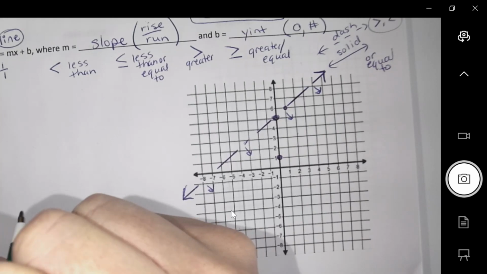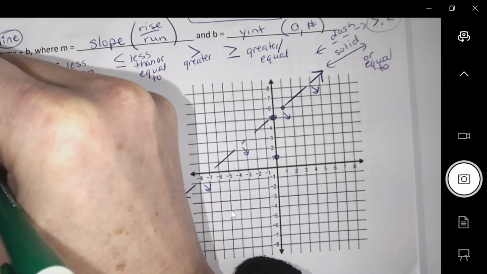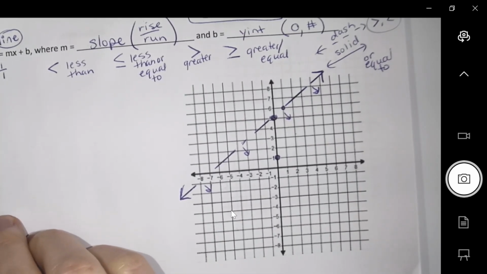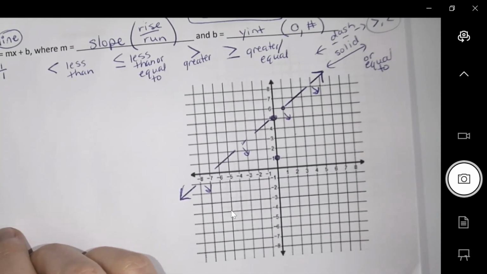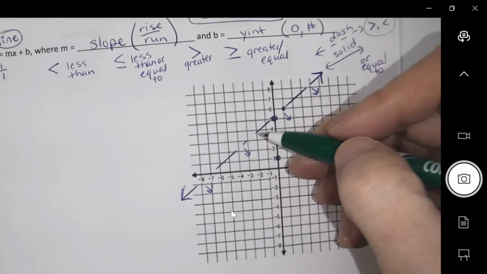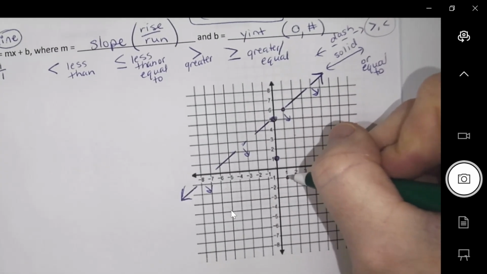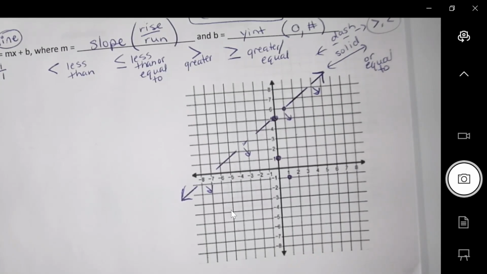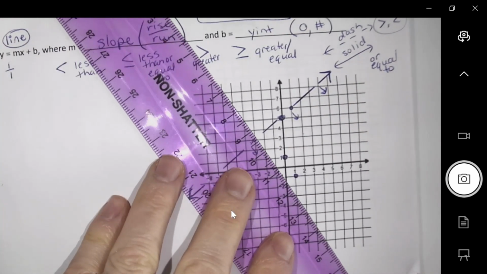So how do I write that as a fraction? -2 over 1. So I'm going to go down 2, right 1. Down 2, right 1. And what kind of line should I draw on this one, dashed or solid? Solid, because it says I'm allowed to be equal to it.